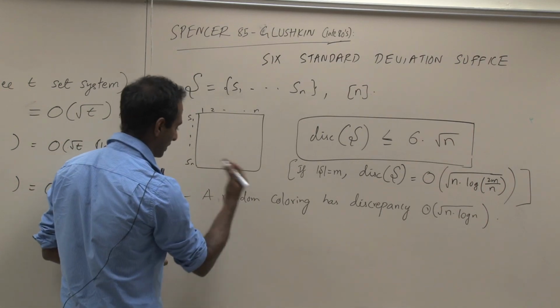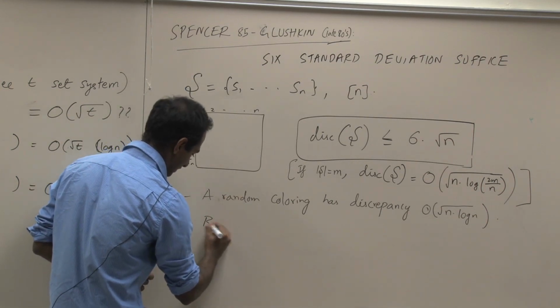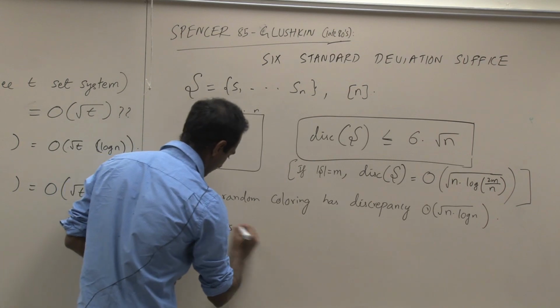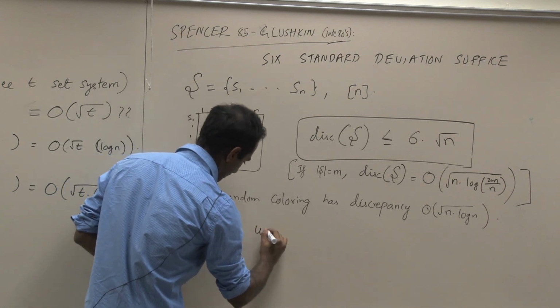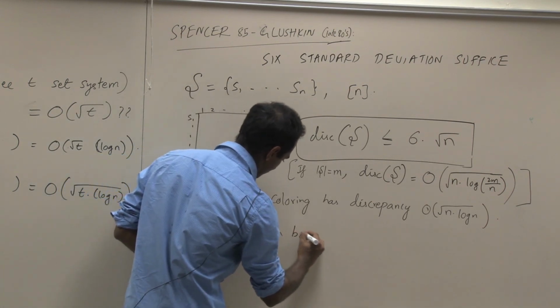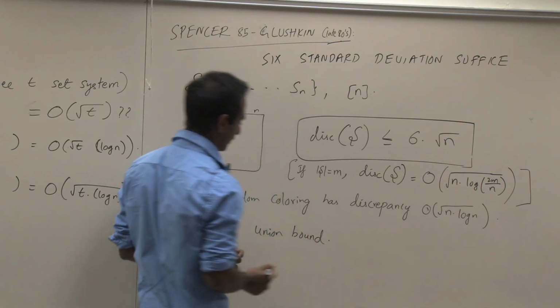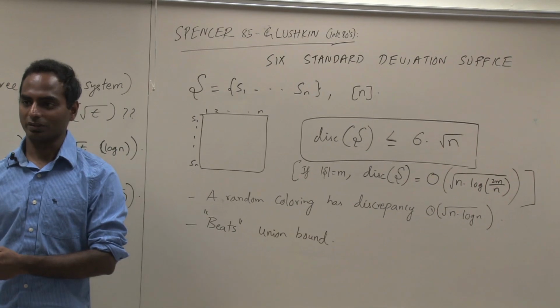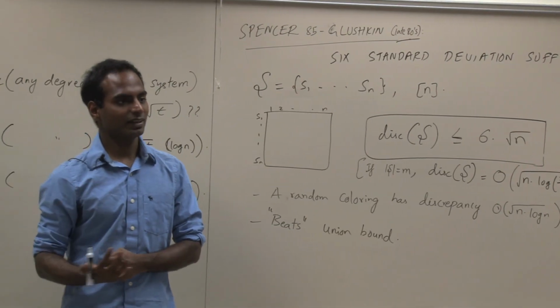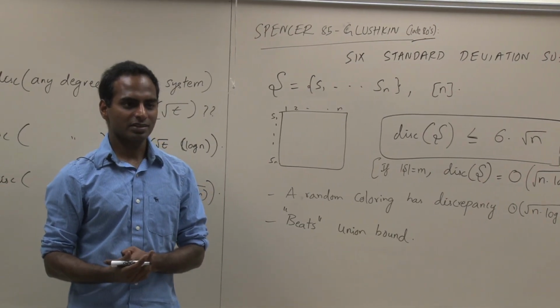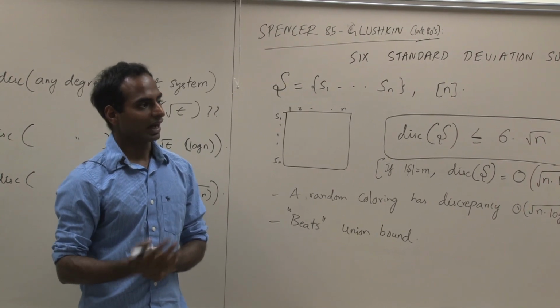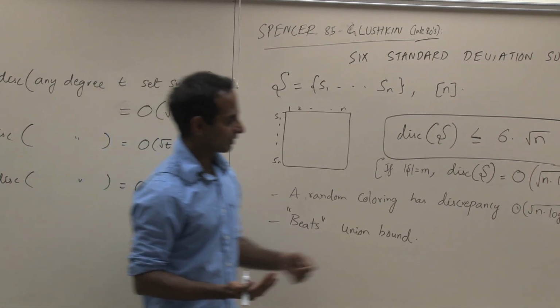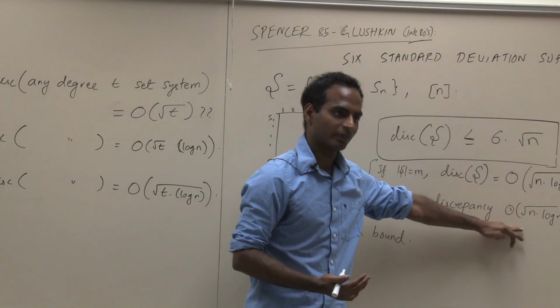So the notable thing about Spencer's result is that it beats the union bound. And this is not just an artifact of the simple argument we used for union bound. In fact, if you take a random coloring, there exist such systems where with high probability the discrepancy is this high.